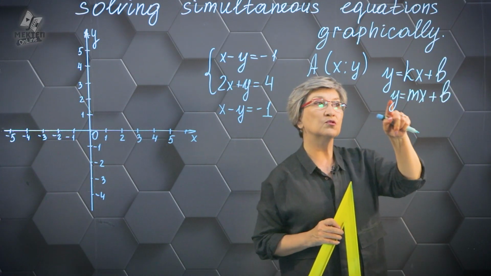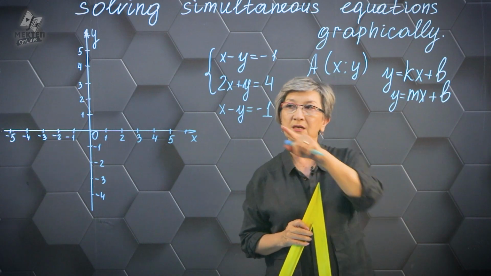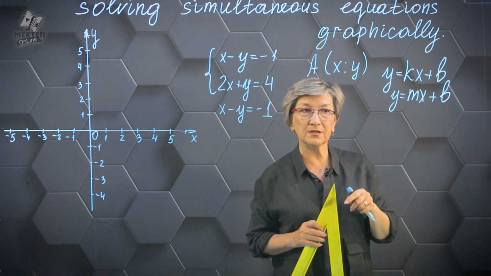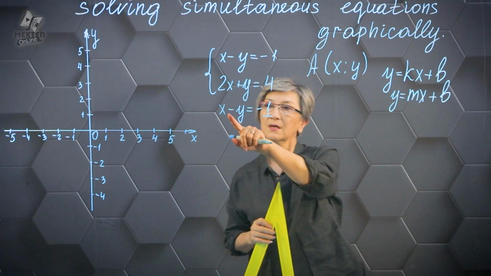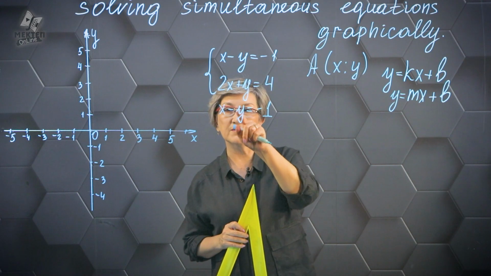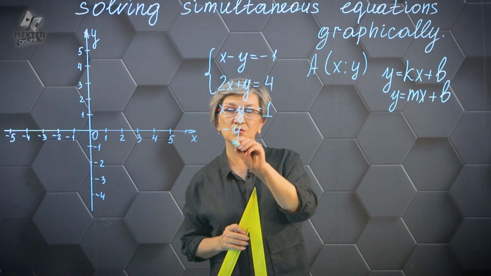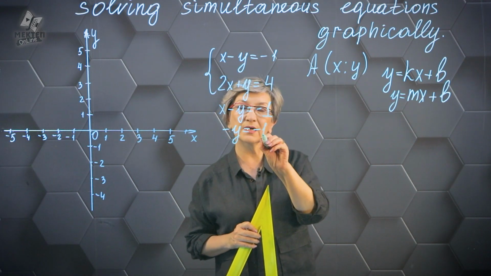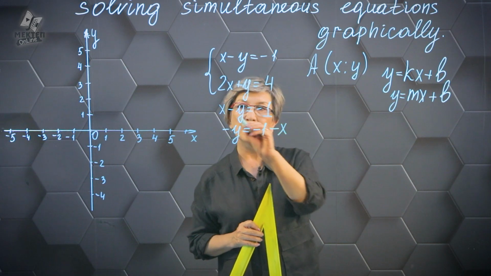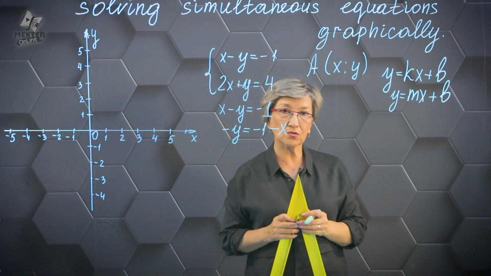So we need to show the equation in this format. What do we end up with? We keep y on the left side, resulting in -y equals -1 minus x. We moved x to the right side.